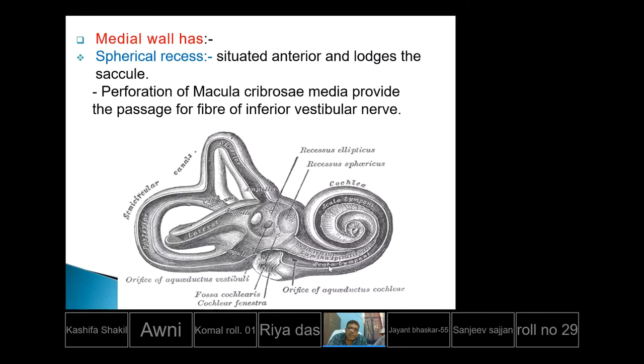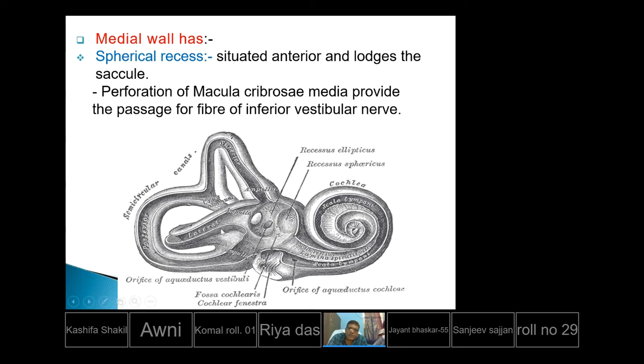Now the medial wall is an important wall, and it has different structures from anterior to posterior. The spherical recess, you can see it very clearly. This is the spherical recess. It is situated anterior and lodges the saccule. The saccule is the part of the membranous labyrinth that is placed here.